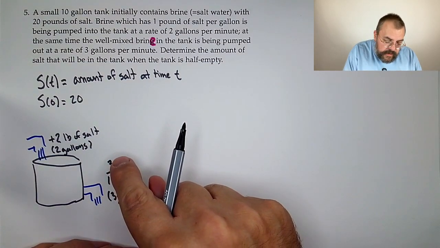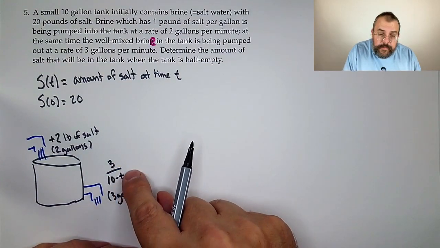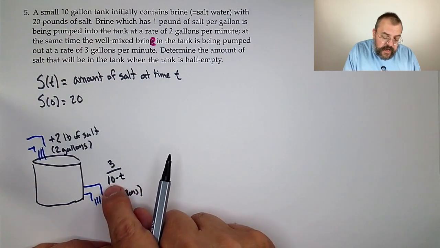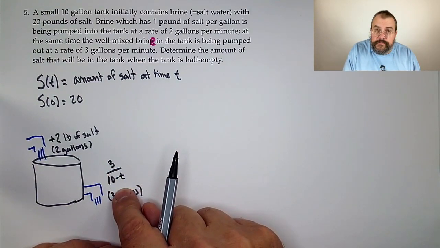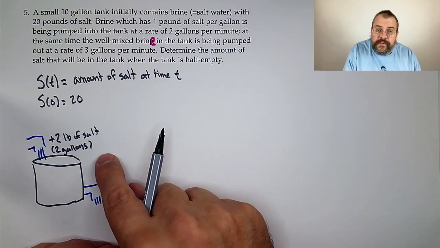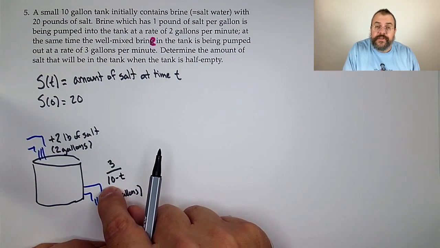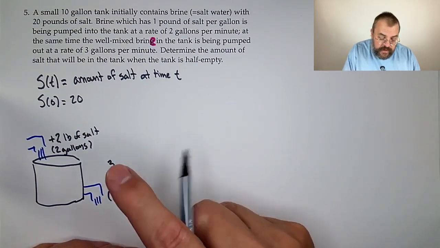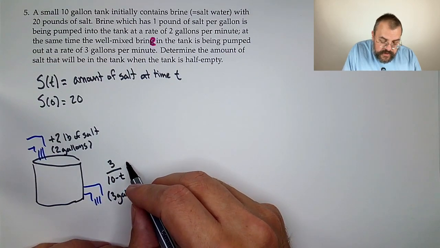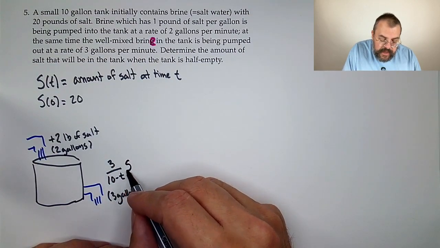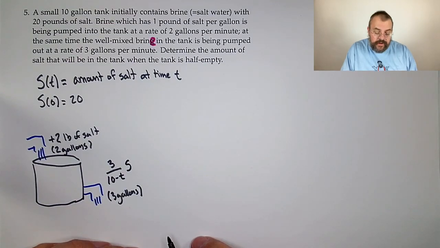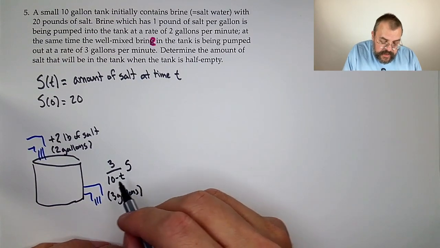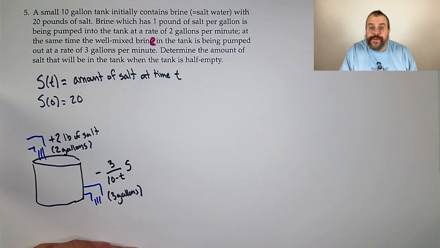So what flows out versus how much is there in total, that's how much of the brine flows out. That's the percentage of the brine that flows out. So that'll also be the percentage of the salt that flows out. So the total amount of salt that flows out, we'll take that times S. Okay, so that's the net loss.